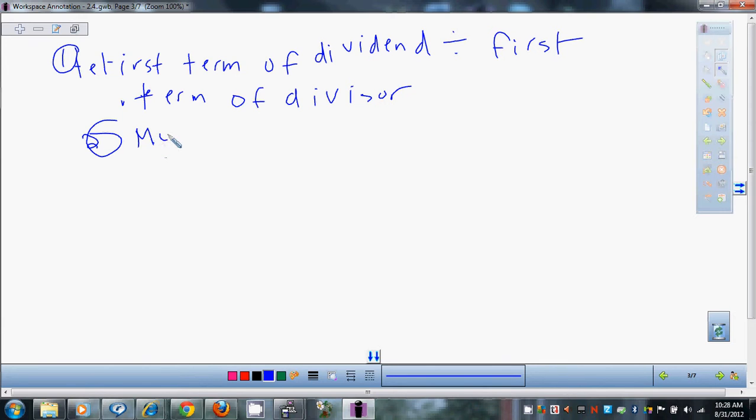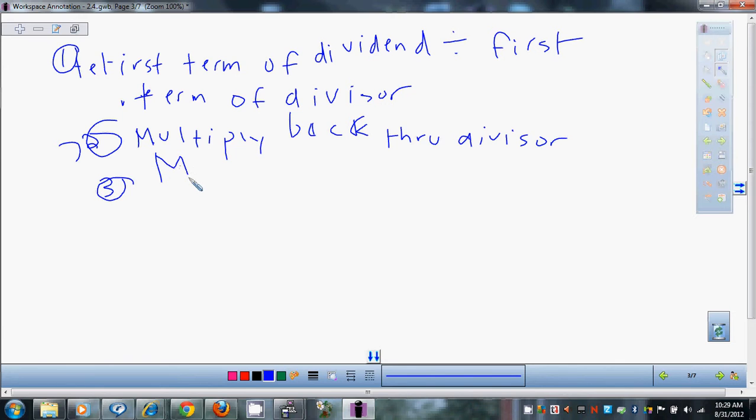Okay, step 2, kind of. Multiply back through the divisor. Step 3. This is for the first example.